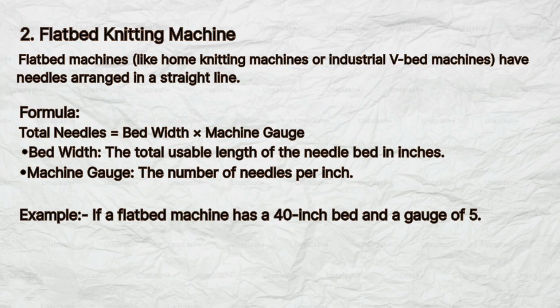For example, if a flatbed machine has a 40-inch bed and a gauge of 5, then after multiplication of 40 and 5 we will get 200 needles in the machine. And in case of a double jersey machine, we just have to multiply the single bed count by 2, then we will get the double jersey machine needles if both beds have the same gauge and diameter.